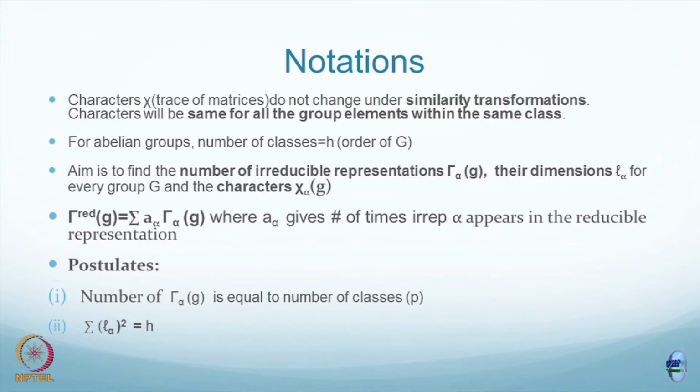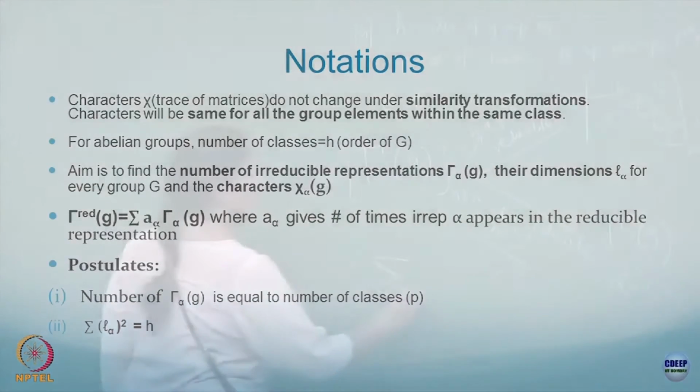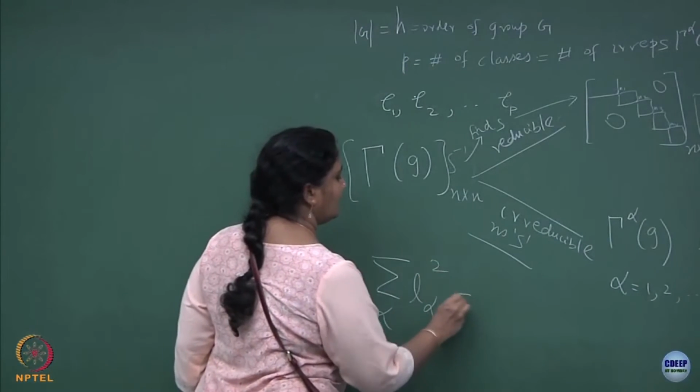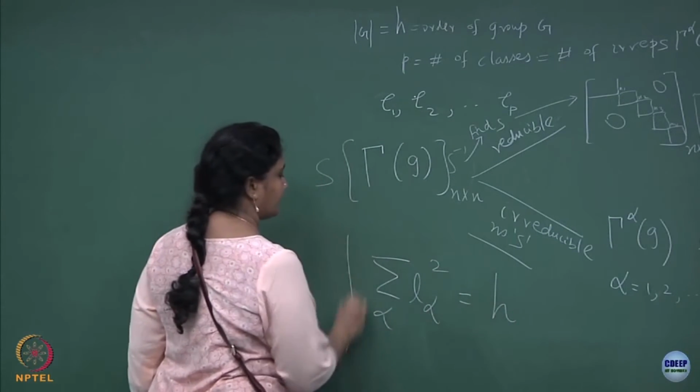Postulates were: the first postulate I have already written here, that the number of classes is equal to the number of irreps, and then I have one more property, which is summation over alpha of L alpha squared equal to the order of the group.